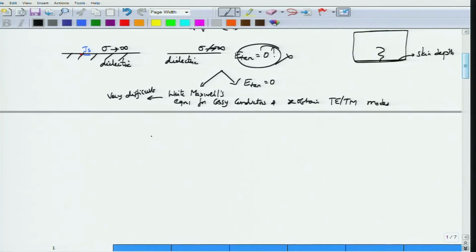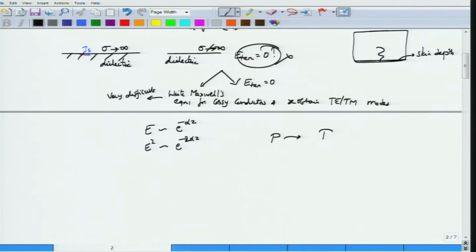The electric fields go as e to the power minus alpha z, therefore the power, going as E square, would go as e to the power minus 2 alpha z. Now if you were to launch some power into the waveguide, that power would decay as P0, the power at input, that is at z equal to 0, times e to the power minus 2 alpha z. The alpha of the conducting walls we will label as alpha c.